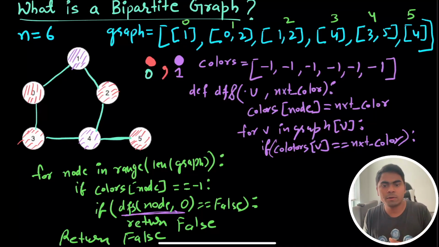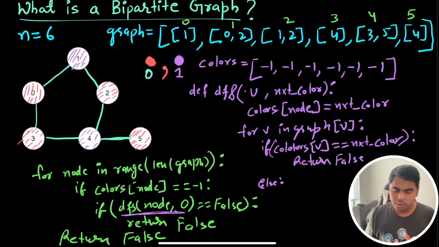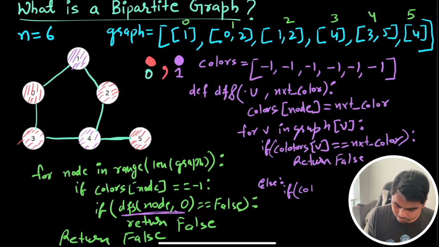I'm exploring the neighbor of U, and they cannot have the same color, so I can safely return false. Otherwise, you need to assign the color, but only if it's -1. So if colors of this neighbor V is equal to -1, then we can call DFS on it.